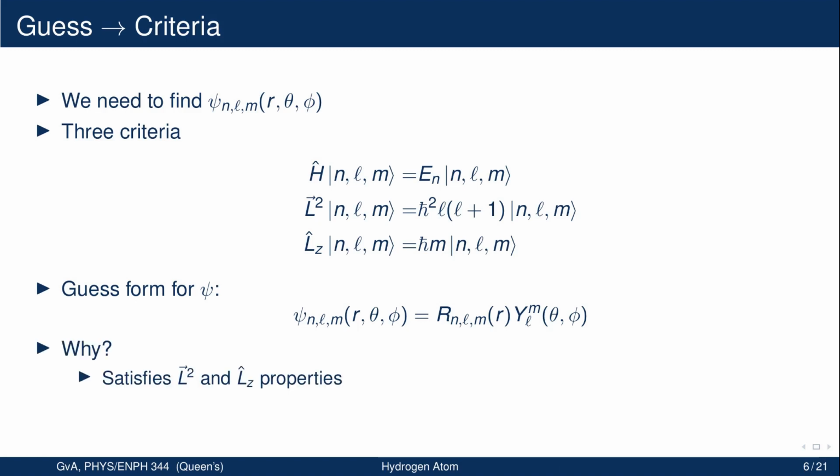So why would we take this form? This satisfies our properties for the total angular momentum and the z component of the angular momentum because we constructed the spherical harmonics specifically to satisfy those properties. If this form of the solution works for the total Hamiltonian, that is, it solves the Schrödinger equation, then we're all set.